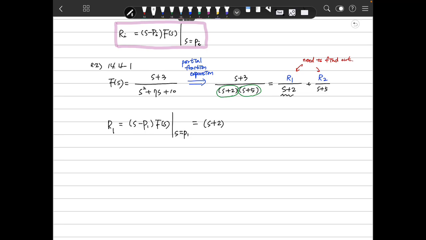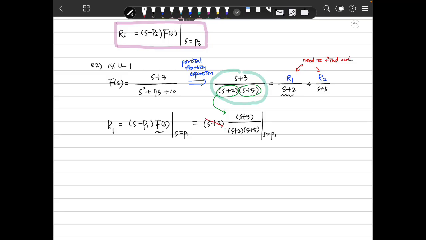So (s + 2) times F(s), where F(s) is (s + 3) over (s + 2)(s + 5), evaluated at s = -2.